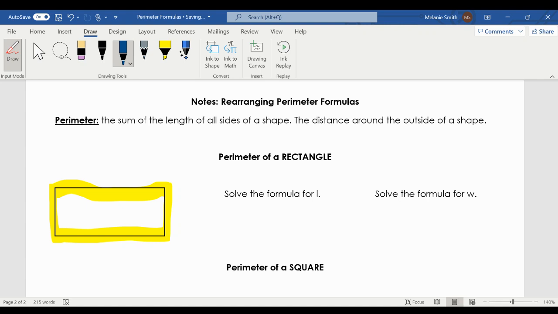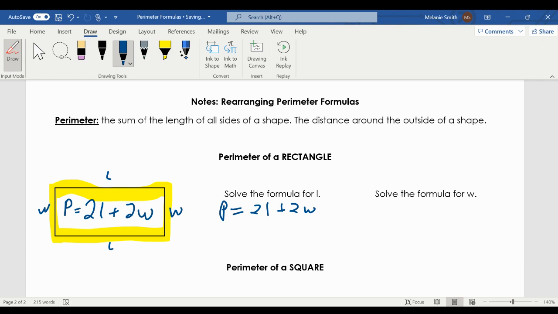All right, so the traditional formula for the perimeter of a rectangle is going to be P equals, here's your lengths, here's your widths. If I add up 2 lengths and 2 widths, I get 2L plus 2W. Okay, so if I were going to solve that formula for L, first thing I want to do is get the 2W away from the 2L.